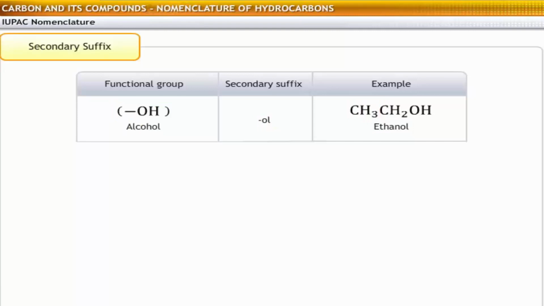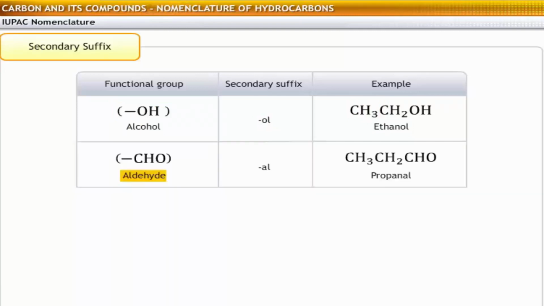Using the same set of rules, let's try to find out the IUPAC name of an aldehyde. Take the example of a molecule of aldehyde. It contains 3 carbon atoms, so the root word should be "prop". There are no double bonds between the carbon atoms in this aldehyde molecule.